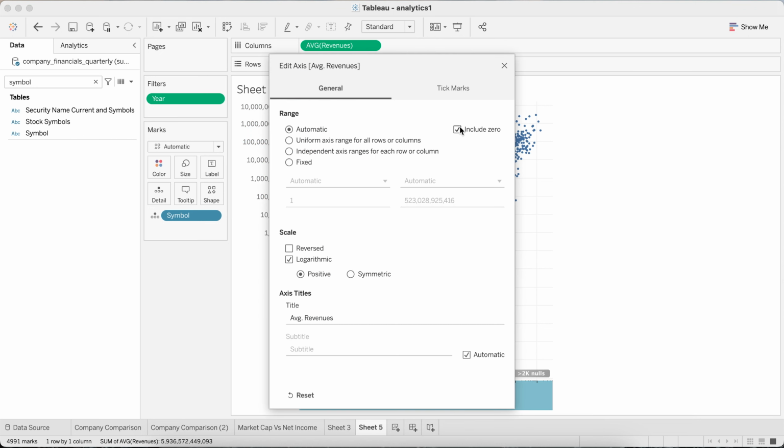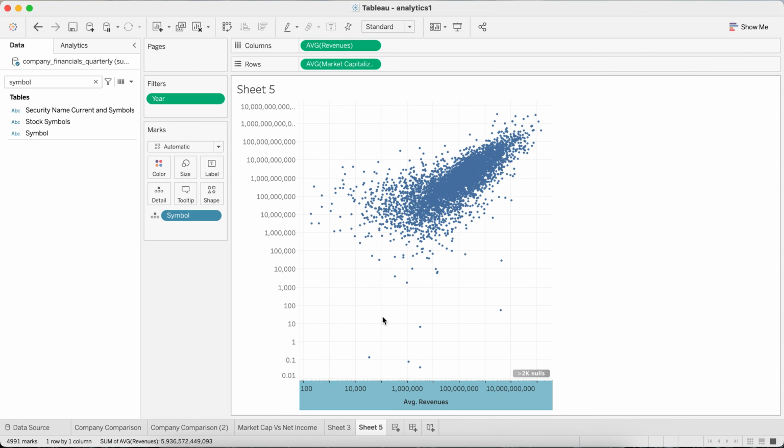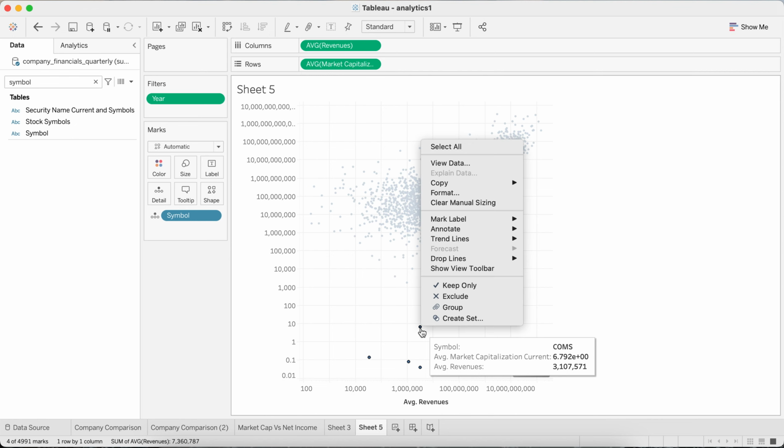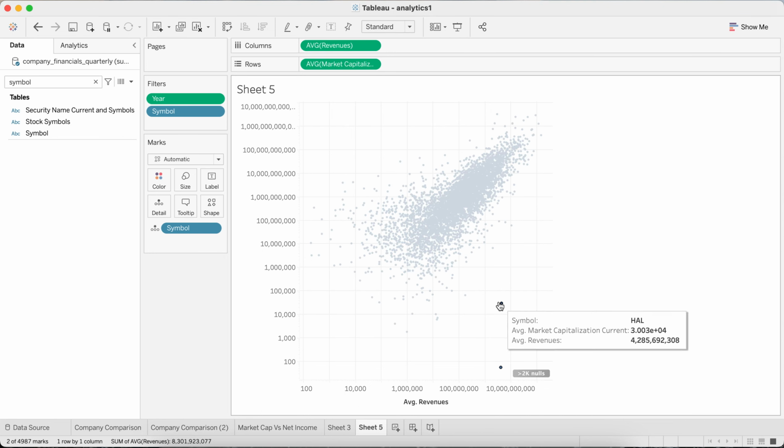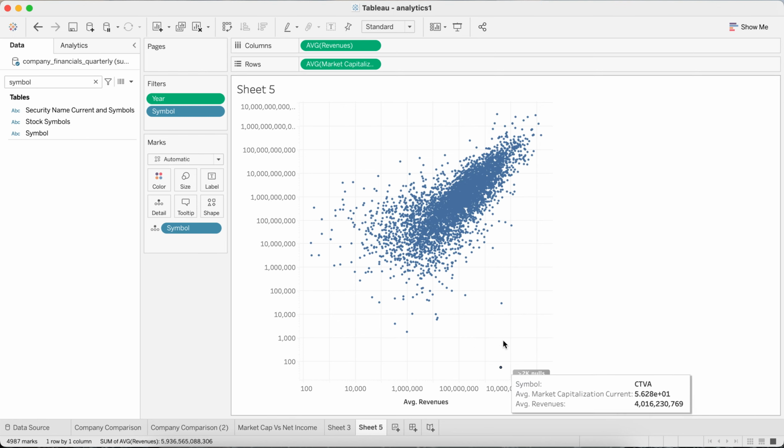Let's exclude zeros, and we might have some data anomalies here. Let's just filter those out. Those could be data that we don't have fully accurately reported on yet, so let's just exclude those for now. Well, actually, some of these companies may have dropped significantly in their valuations, even though they had high revenues.